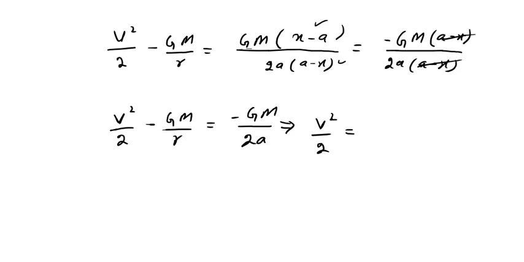This will be equal to GM divided by r minus GM divided by 2a.